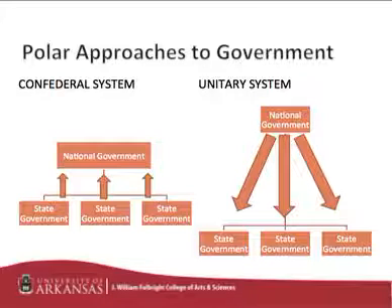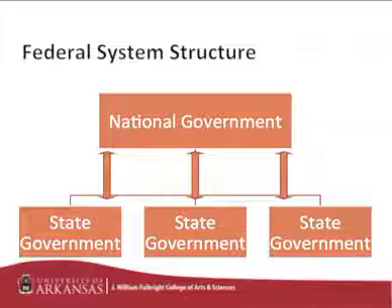Now, in understanding the approach that America takes, we have to understand that the federal system is structured based upon a political document, the Constitution. In other words, here we have state government and national government that have specific roles that they play and have different authority based upon this document.